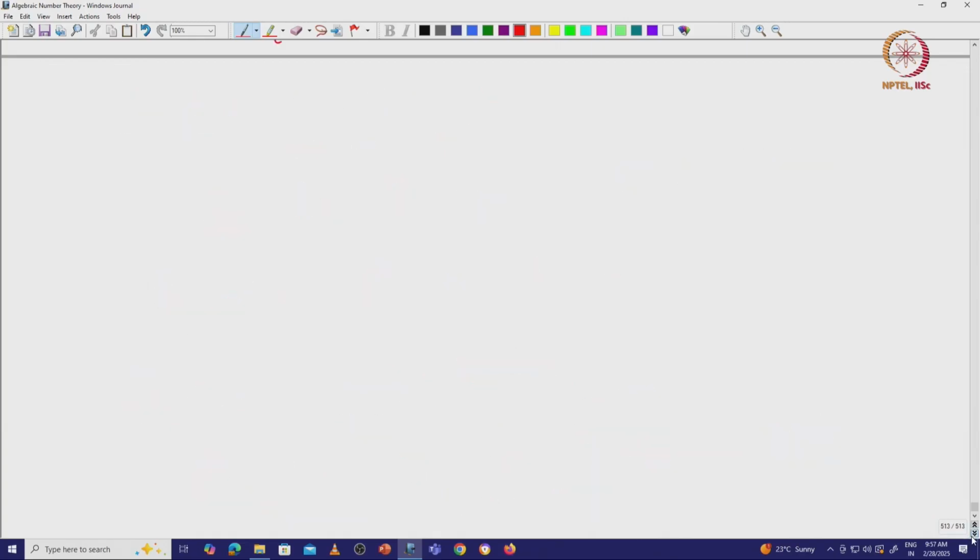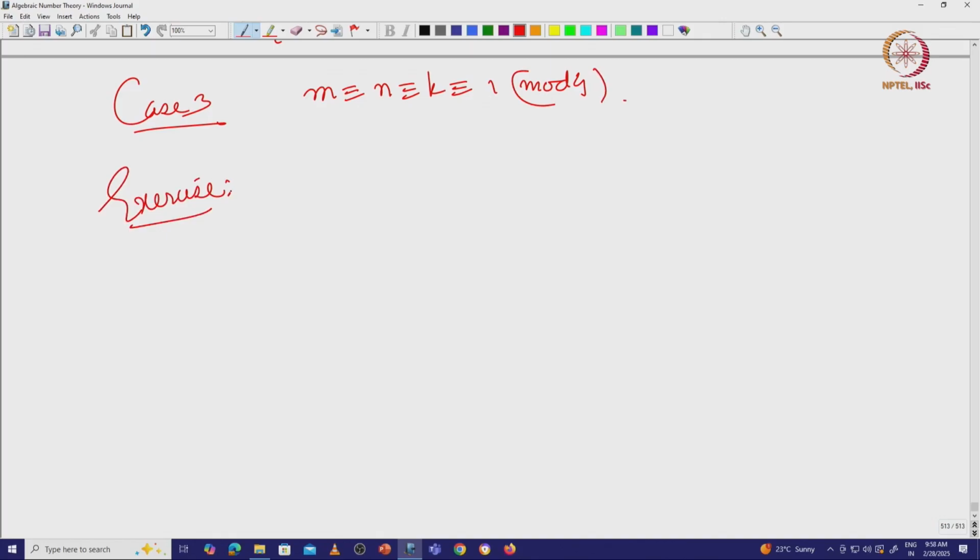So case 3 is what we are going to look at today. Case 3 is m is congruent to n is congruent to k is congruent to 1 mod 4. And here is another exercise: cases 1, 2 and 3 cover all possible cases.